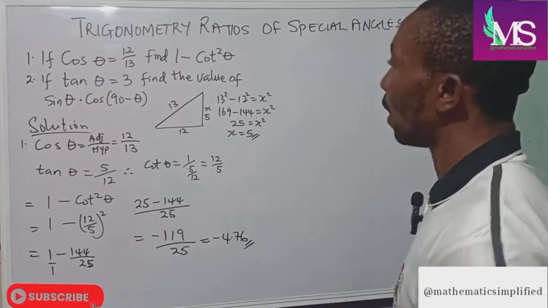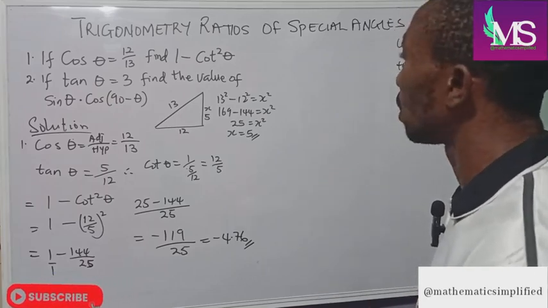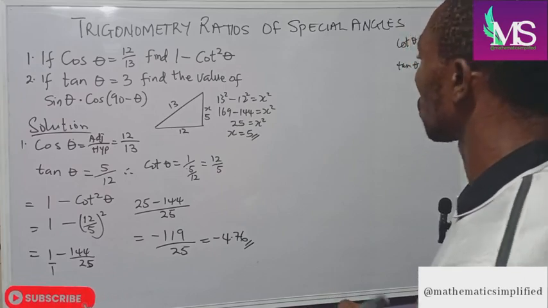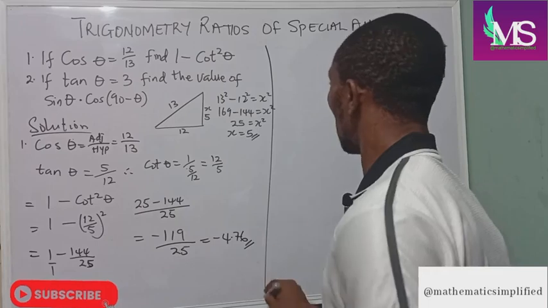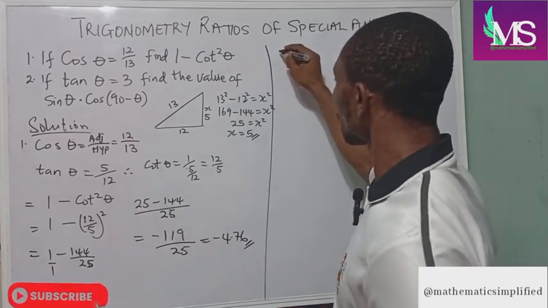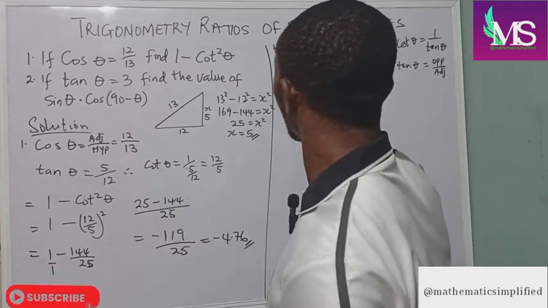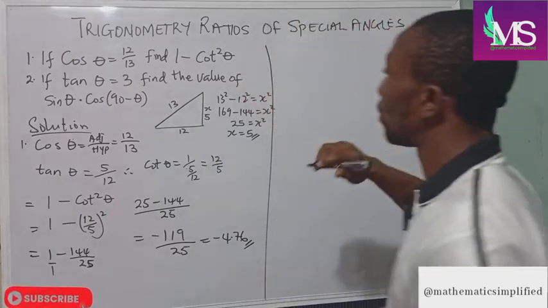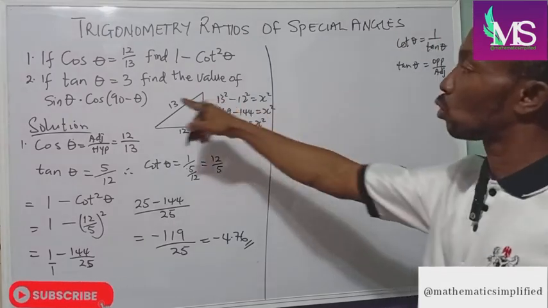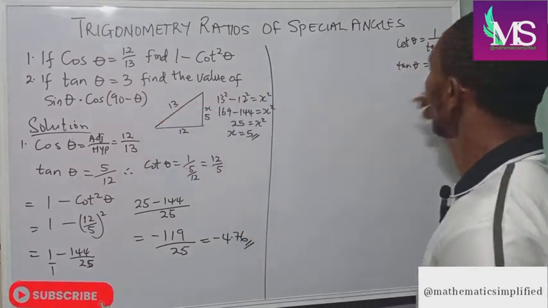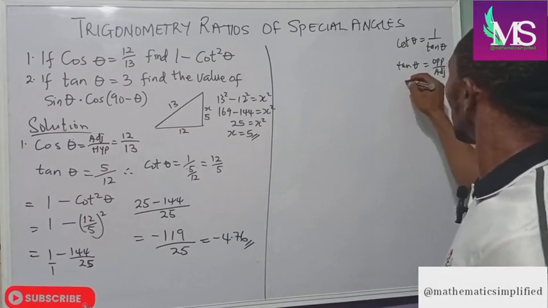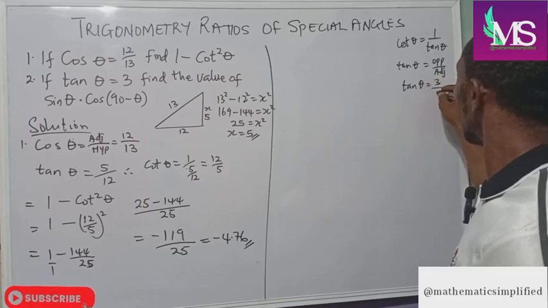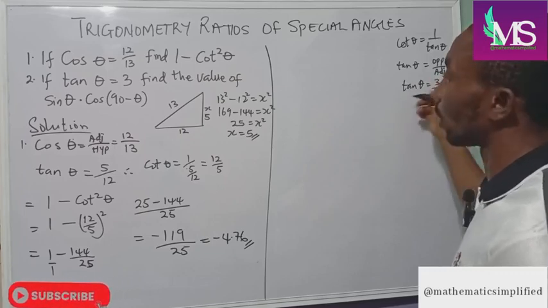It says if tan theta equals 3, find the value of sin theta cos 90 minus theta. Now looking at our tan theta, we know that tan theta is opposite over adjacent. Since they say it is equal to 3, that means our tan theta equals 3 over 1, which will give you 3.